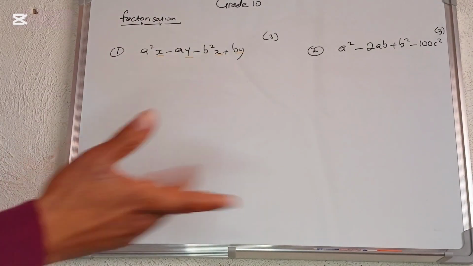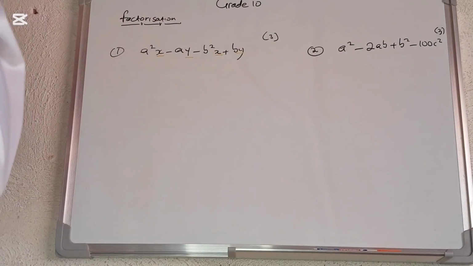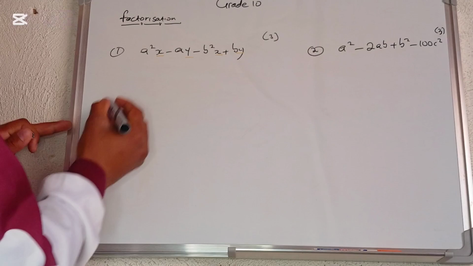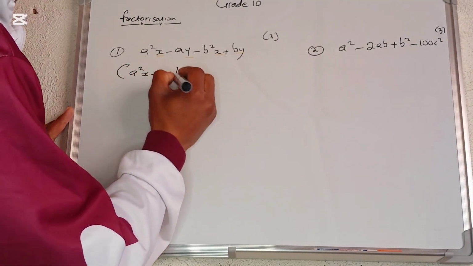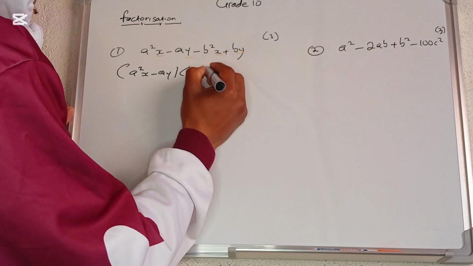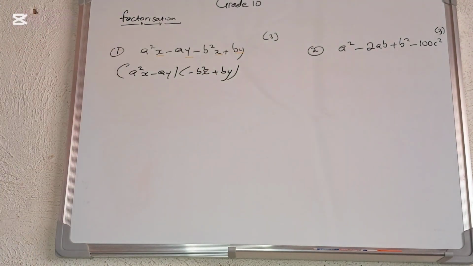If I were someone who does not understand factorization, I would start by grouping this equation. Let's say I have a squared x minus ay negative bx squared plus by, right? When the equation is like this, it's going to give you the wrong answer. Why?